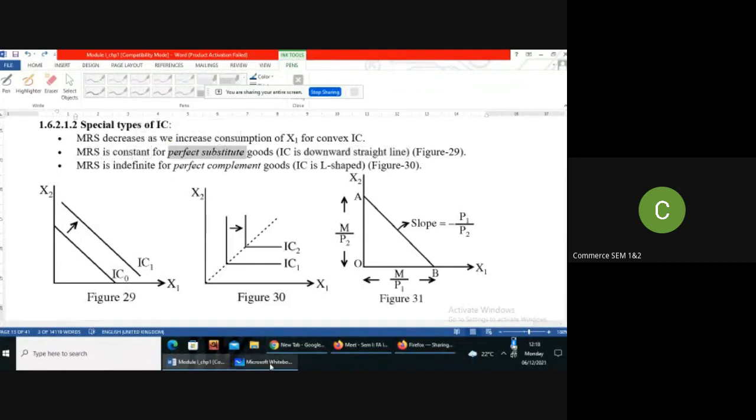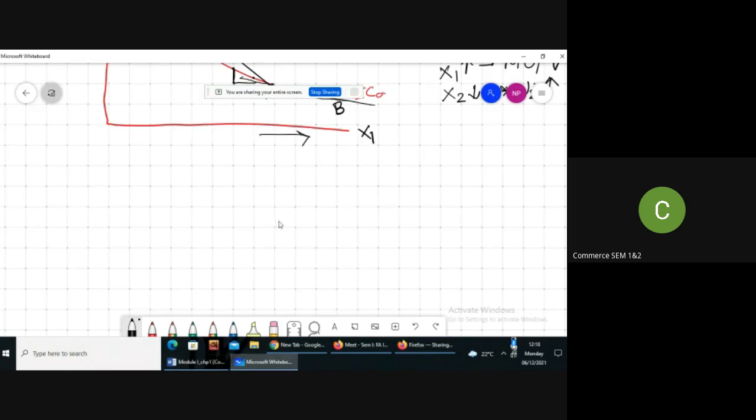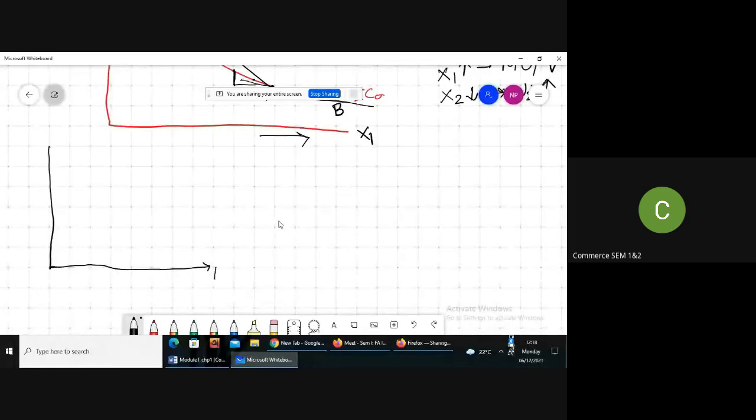So for perfect substitute goods, say tea and coffee. Now if the consumer substitutes 1 unit of tea with 1 unit of coffee, then this will be the indifference curve.